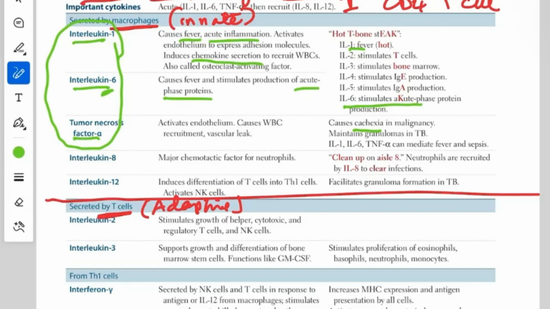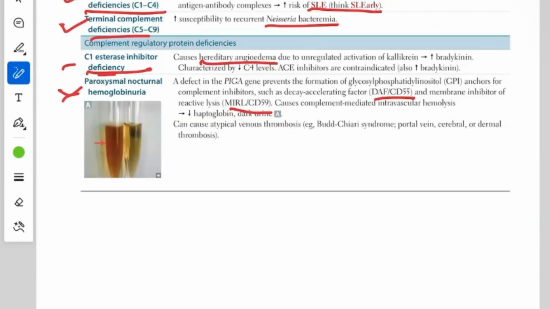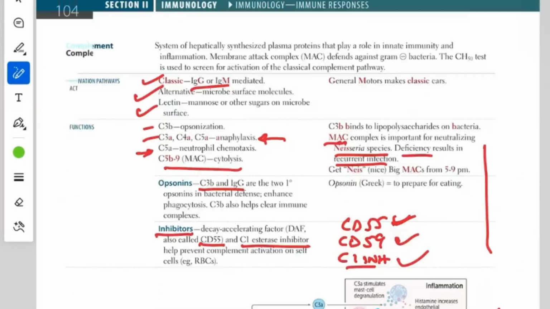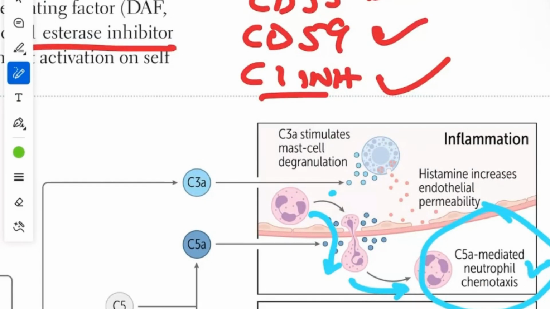Leukocytosis, activation of leukocytes. When they say activation of endothelial cells here, it means this process we talked about of the white blood cells, the neutrophil or macrophage or any of the white blood cells, moving outside the blood vessel to where the problem is.